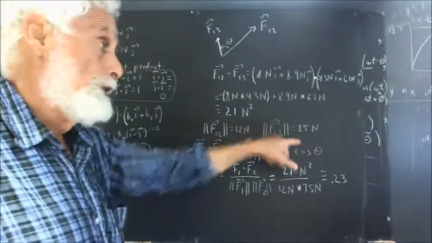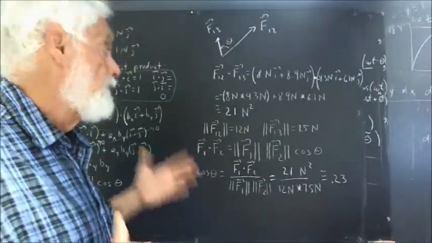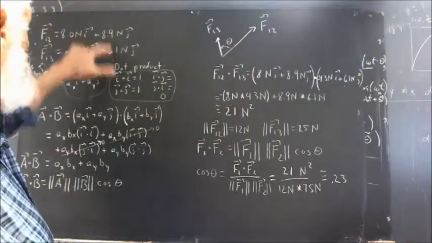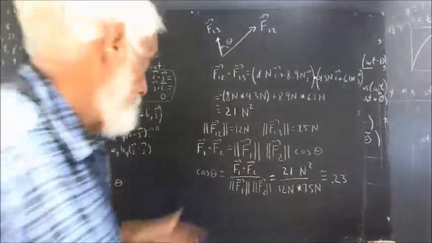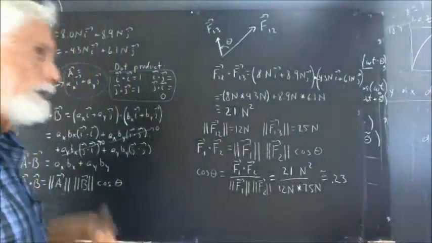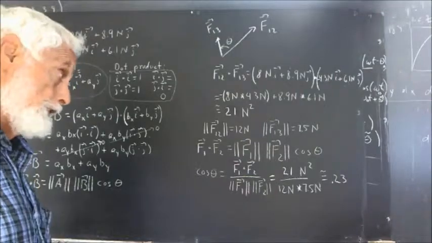And the magnitudes of these vectors, of course, we've been using these all along, but they can be calculated from the components in the usual manner, and we will come out with 12 newtons and 7.5 newtons, at least rounded to the nearest tenth of a newton.